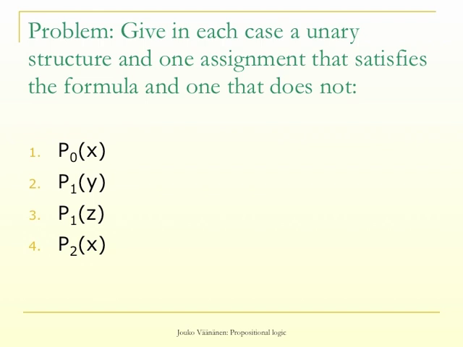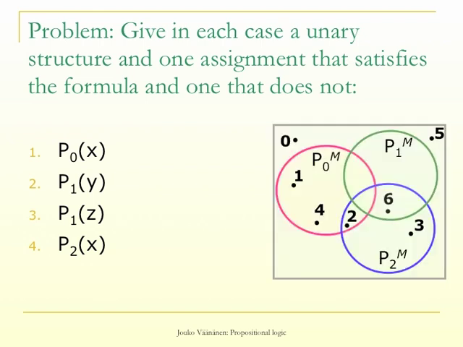Let's build a unary structure with 3 unary predicates P0, P1 and P2, and in this picture we have made it rather generic, so there are all kinds of elements, and hopefully with this one structure we can satisfy all our needs.